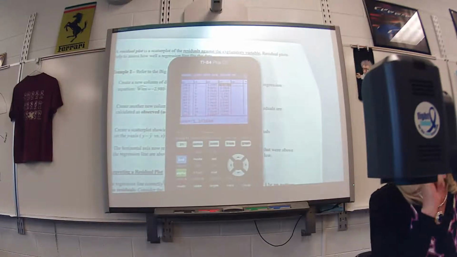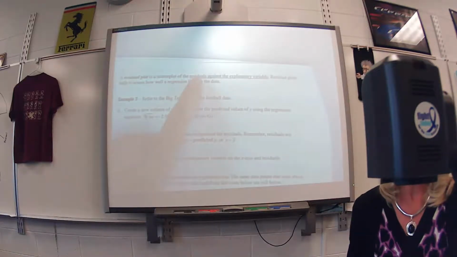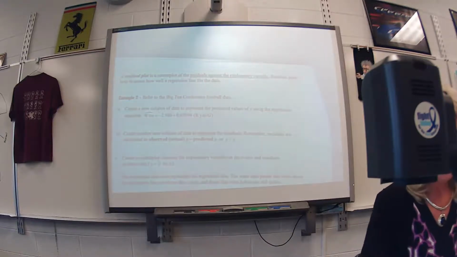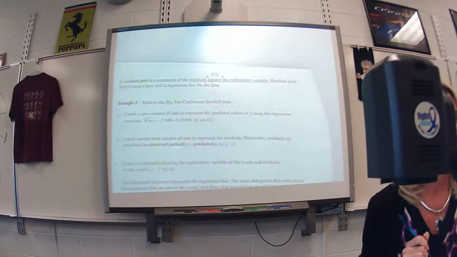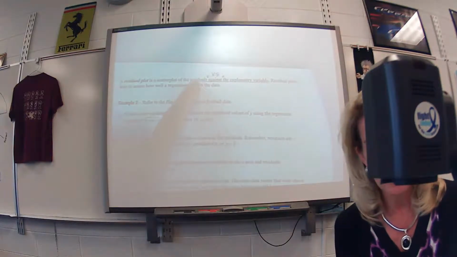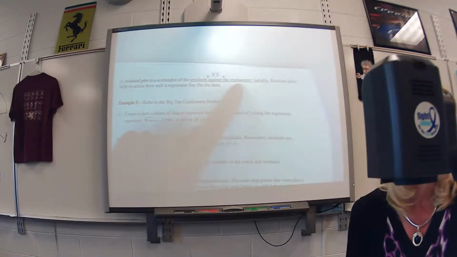A residual plot now. A residual plot does residuals against the explanatory variable. I think I mentioned one day, and here I use the word against, but Minitab will use versus. And when you see that phrasing, they're telling you that this goes along the vertical axis, and of course the explanatory variable is on your x-axis.